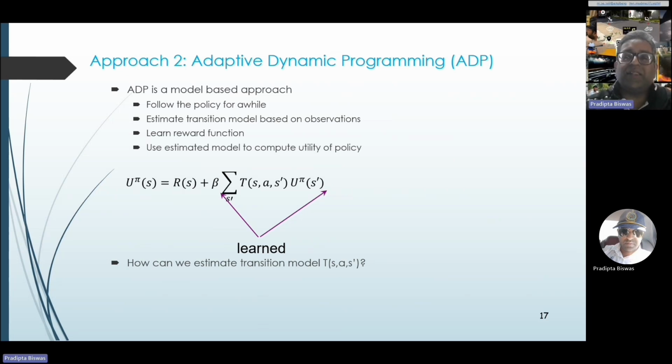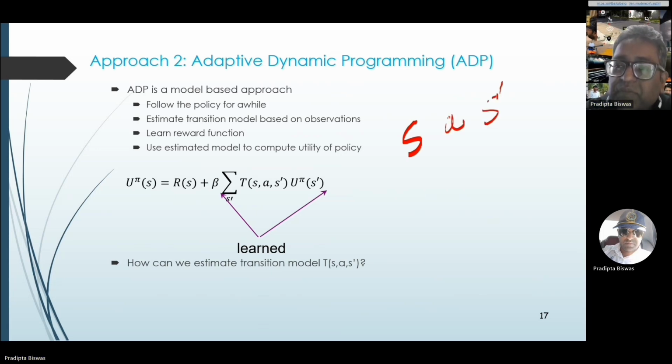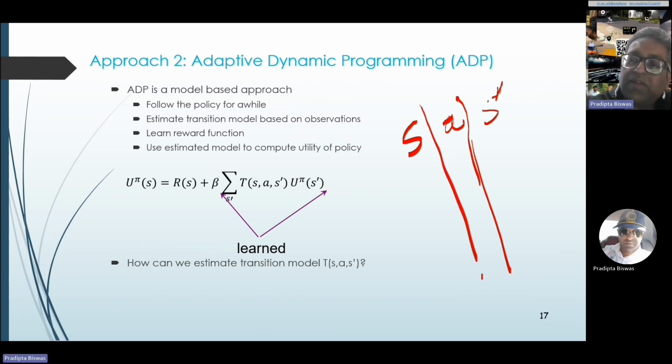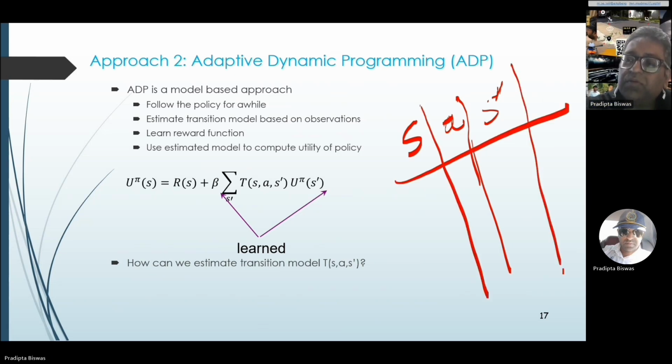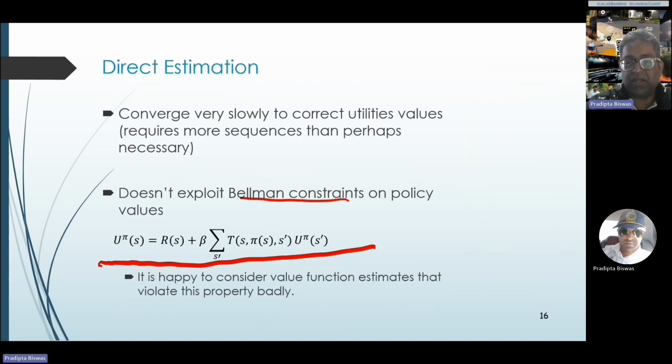is create a similar table from the training samples, but we prepare the table something like this, or we try to populate it. I am marking it as R-dash, which is the utility or the delayed reward that we got here.